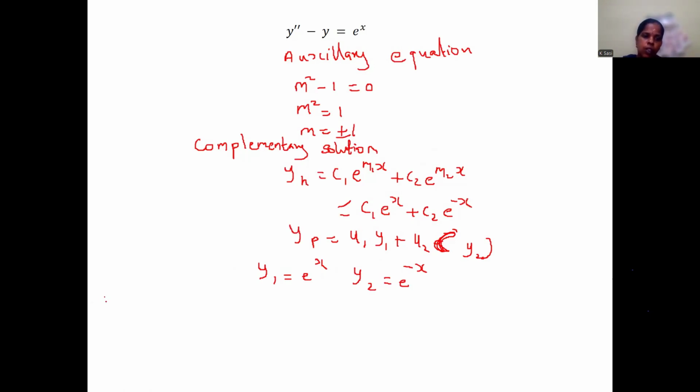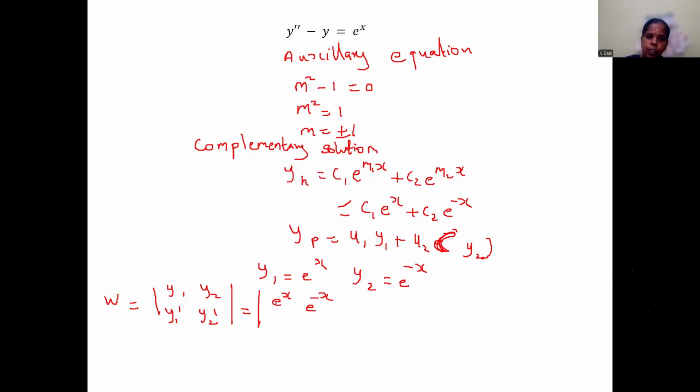So what is the Wronskian formula? The Wronskian formula is nothing but the determinant of y1, y2, y1 dash, y2 dash. So you have to find the determinant of this. y1 is e power x, and y2 is e power minus x.